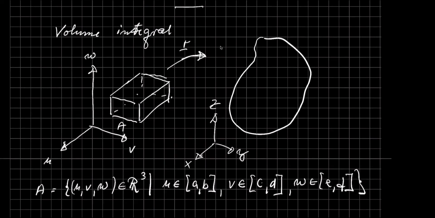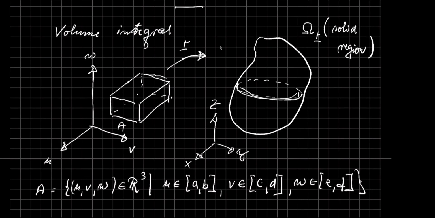And just to indicate that this is a 3-dimensional figure, I take such a line here. We denote this solid region omega and indicate that it is with the parametric representation r. So this is a solid region.